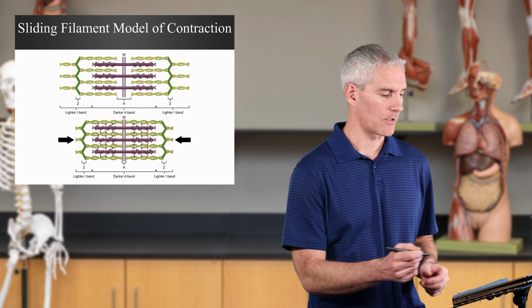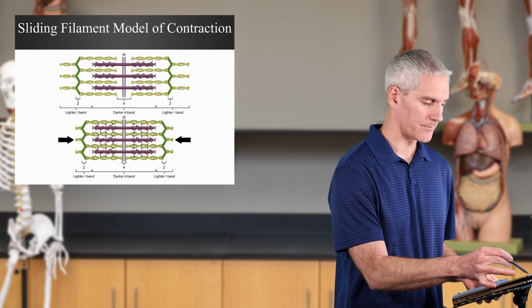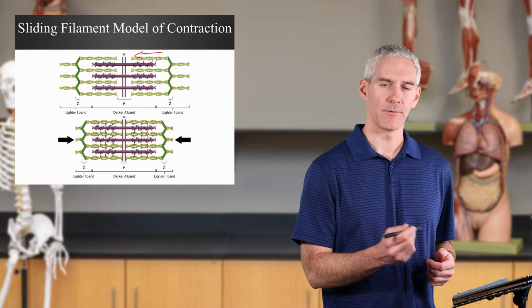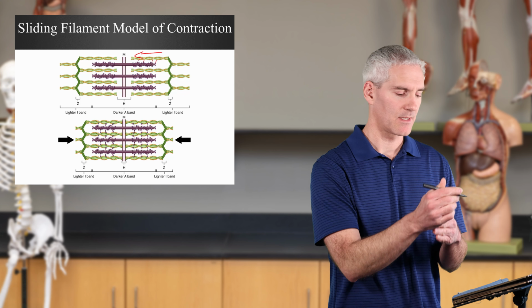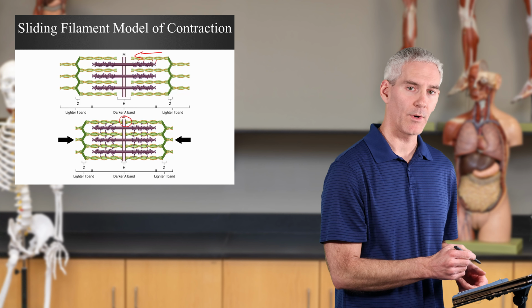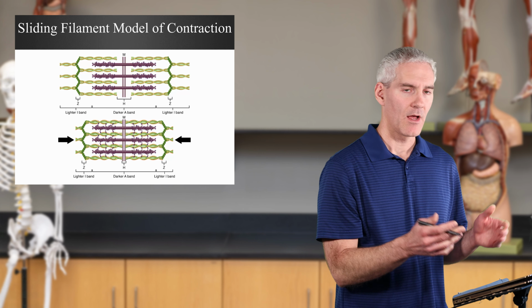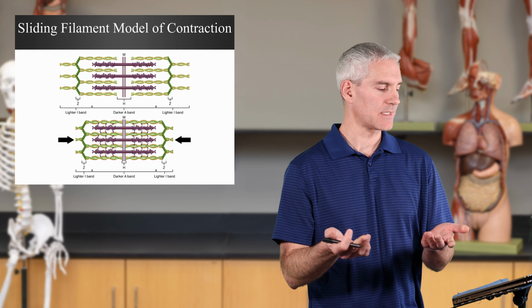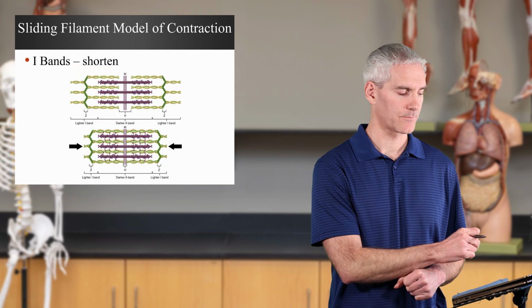So what's happening here, you can see, each one of these little myosin heads can attach. As they attach, they move the thin filament towards the center. Eventually, as they do that several times, it reaches the center point, the M line here. Once it reaches that M line, the whole entire sarcomere has shortened. So in this case, sarcomere is shorter, the muscle has contracted.